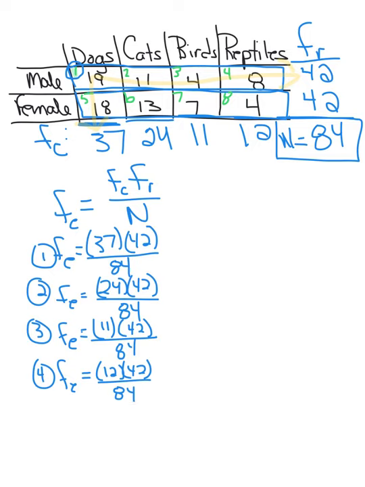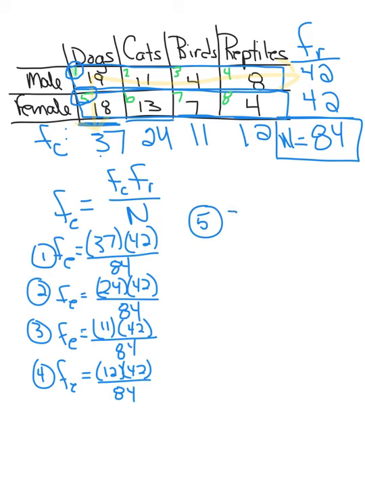Now we're going to jump to cell 5. Again, we're just lining things up. This is cell 5, so the column for the female preference of dogs, that cell is 37 for the column and then 42 for the row.